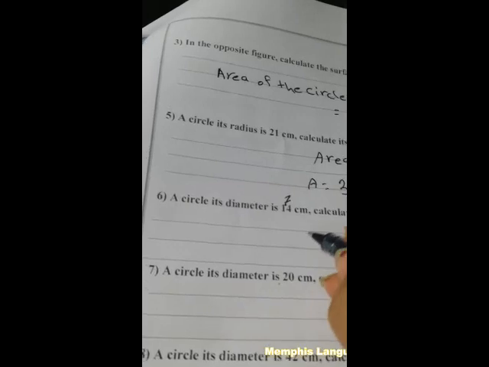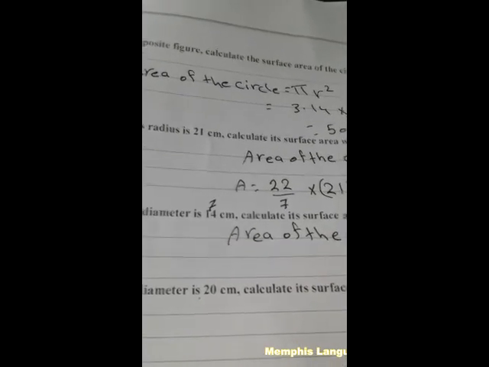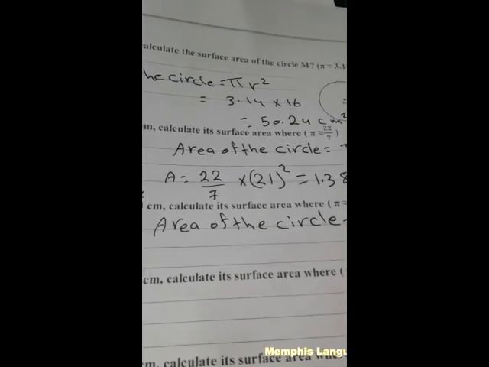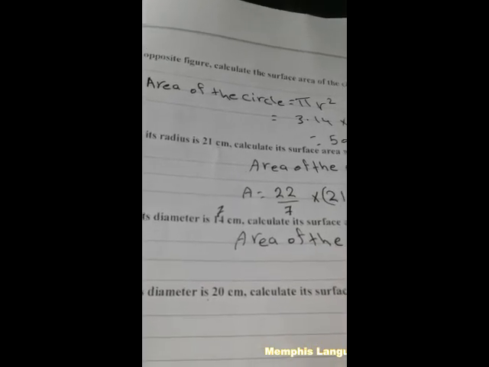Okay, so the area of the circle equals what? Pi r power 2. The radius here, 22/7 times the length of the radius, 7 power 2.